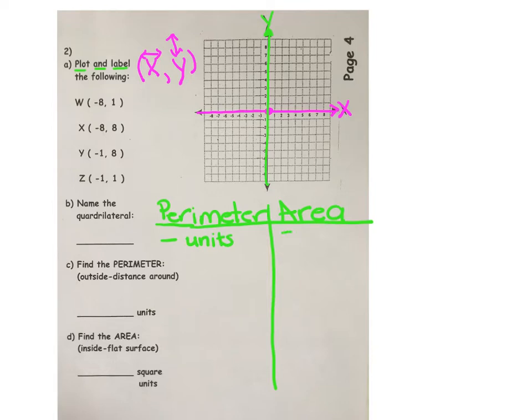And area, well, that's measured in square units. In this case, it's just a generic label, units. We know it could be a square inch, a square foot, or a square centimeter. But for now, we will use the generic label units.